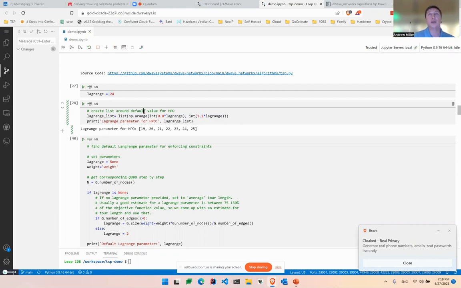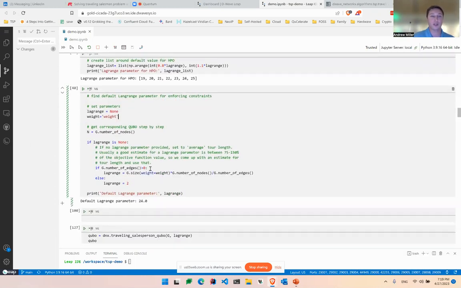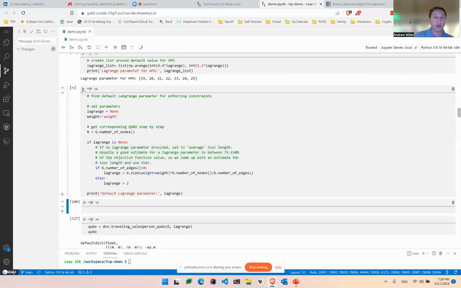But in essence, you'll have some idea of what range of Lagrange parameters is sensible, and then you run this code, which to be honest, I don't quite understand, but it has some logic built in, and they explain what it does, of picking one that seems to work best.